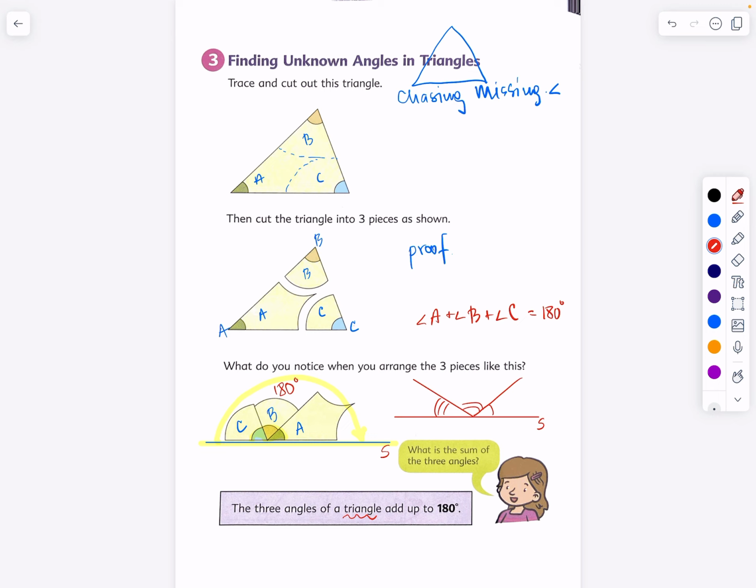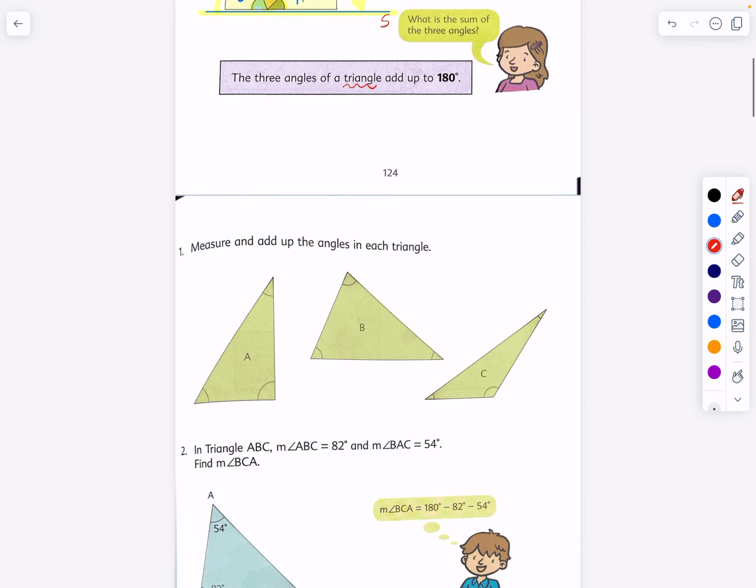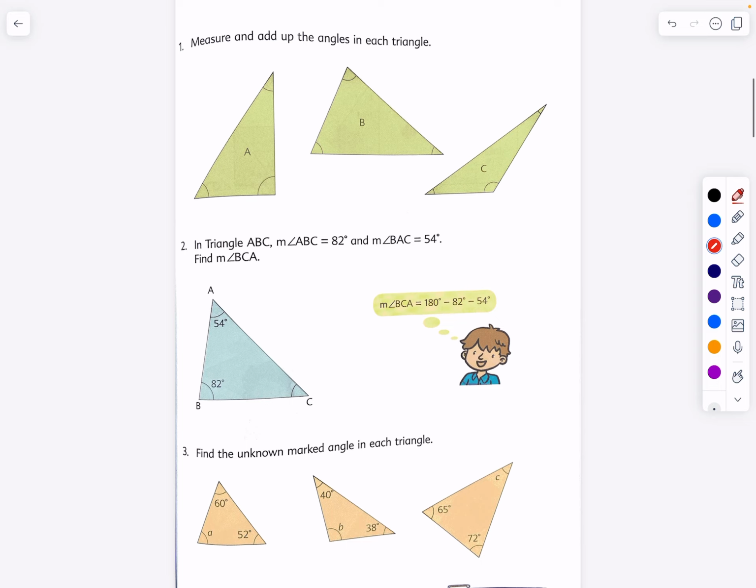Let's use this information to start with basic exercises of finding unknown angles. Let's go. Measure and add up the angles of each triangle. I hope you will do the measuring part by pausing this video and using the protractor tool, which we practiced last week.